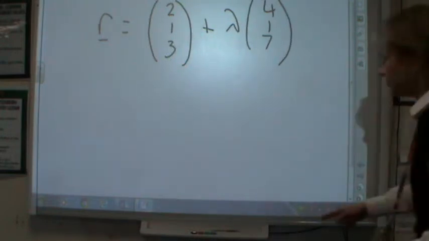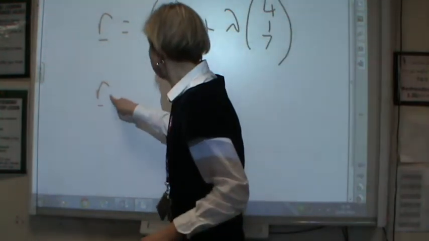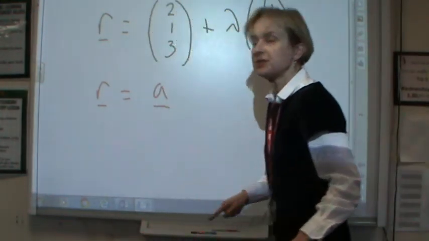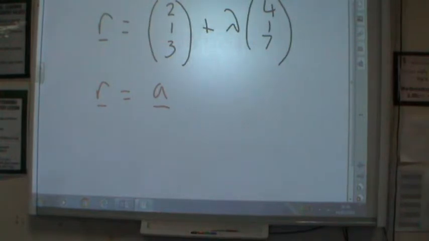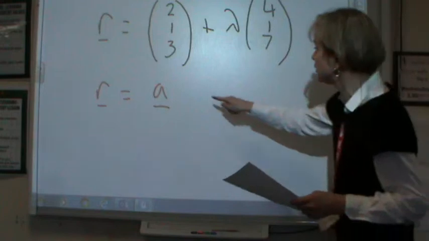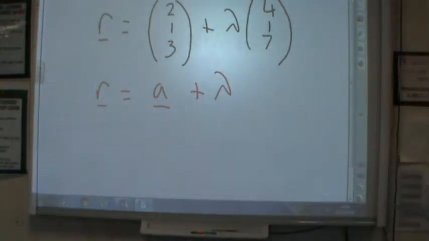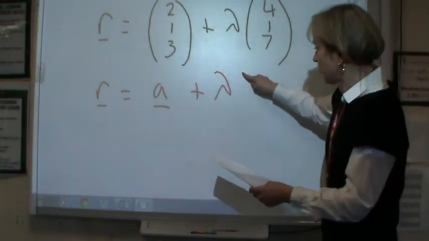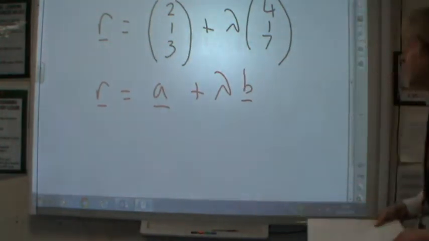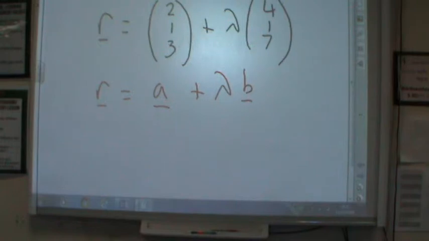We might think of this as written in a different way. A is our position vector, our anchor, which works like the intercept in a Cartesian equation. And here we have our vector that would be acting as a gradient, and we're going to call that V. So that would be another way of writing it.